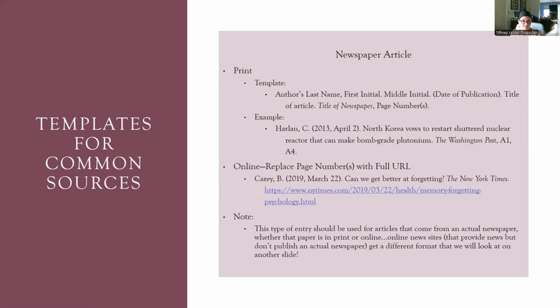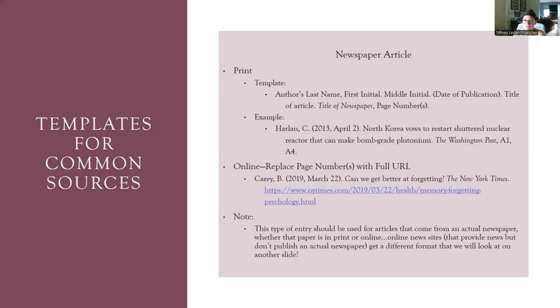Please keep in mind this note down here. This type of entry, a newspaper article, especially when we're dealing with an online newspaper, should only be used for actual online newspapers, not a news website, right? So things like MSNBC or Newsmax, right? Or CNN, Fox, those are news websites.